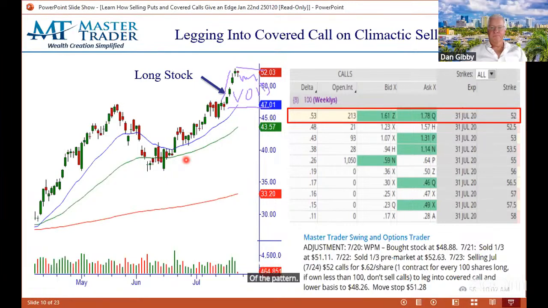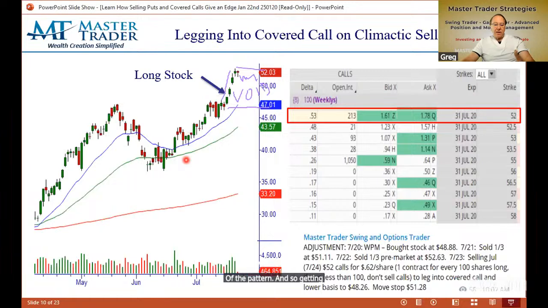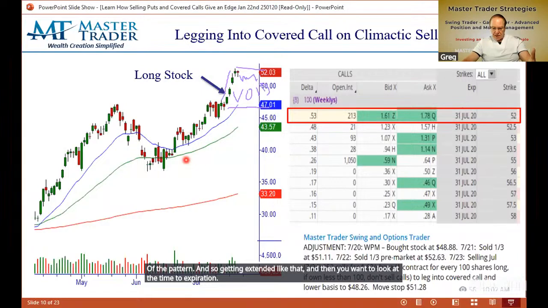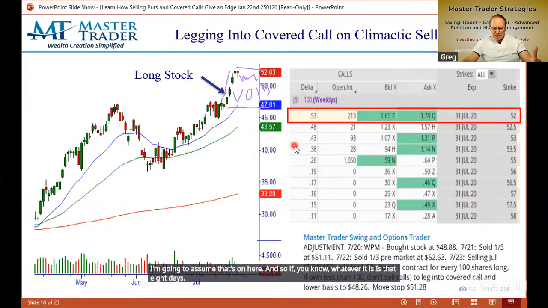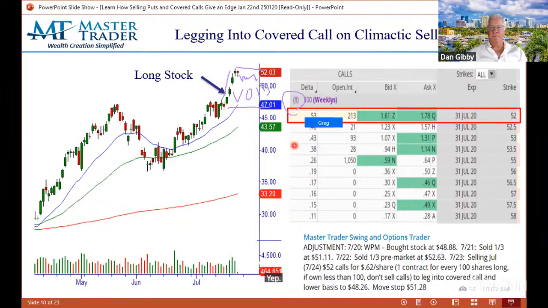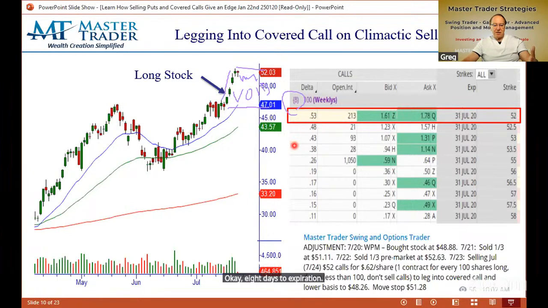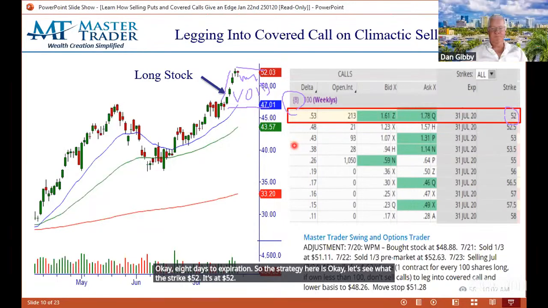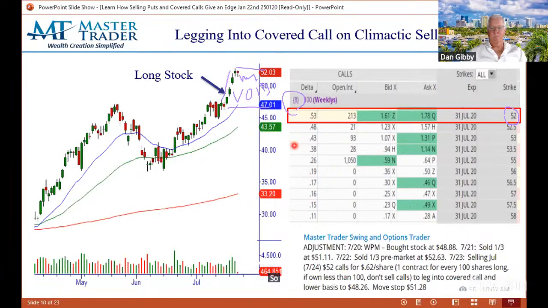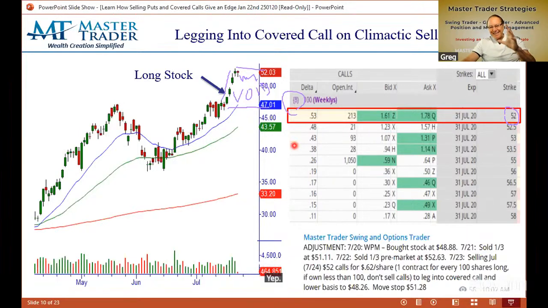So getting extended like that, you want to look at the time to expiration. I assume that's on here. Right. So that's 8 days, Dan? Yep. Okay, 8 days to expiration. So the strategy here is, let's see what the strike is, $52. You've got to be sharp with this one, because the risk here is that you make less money.